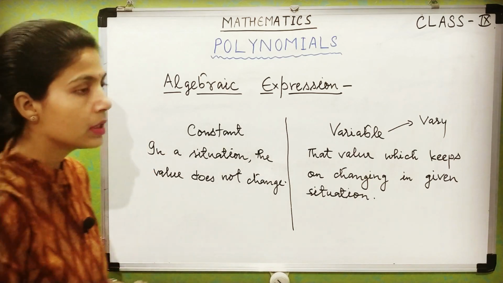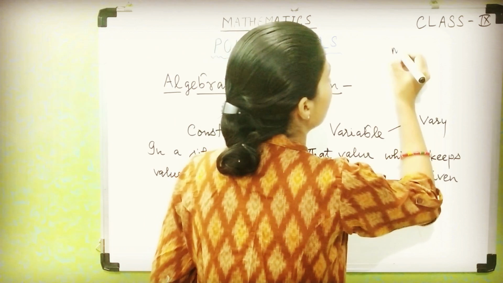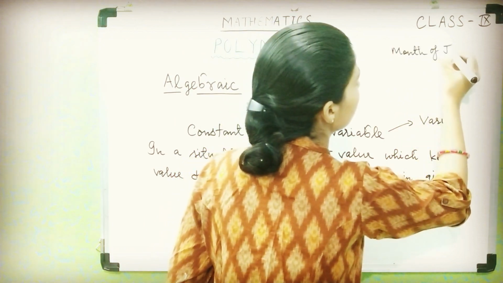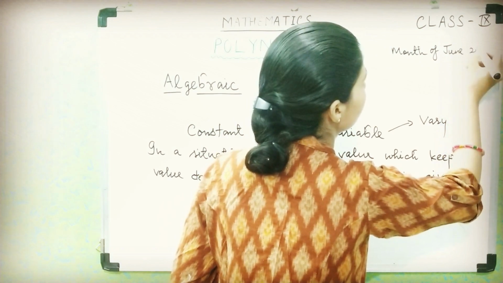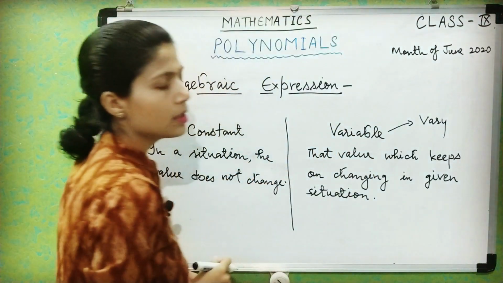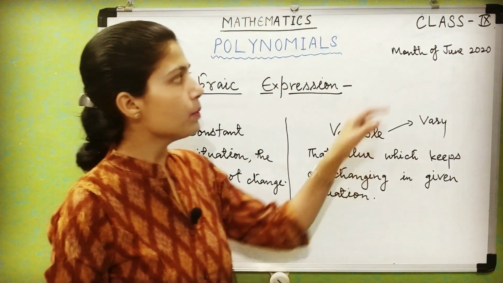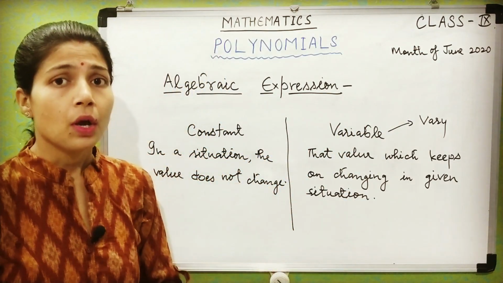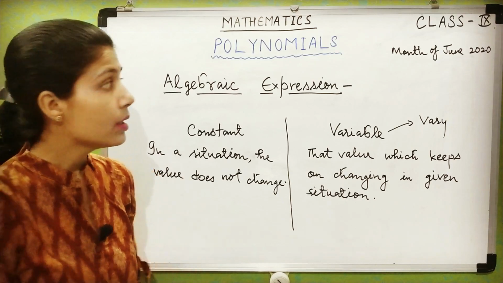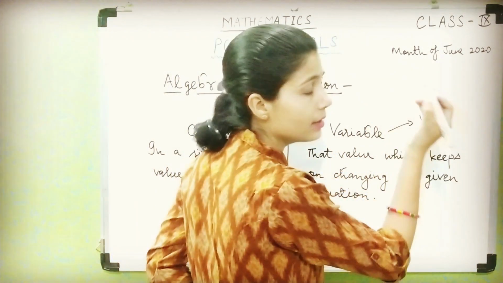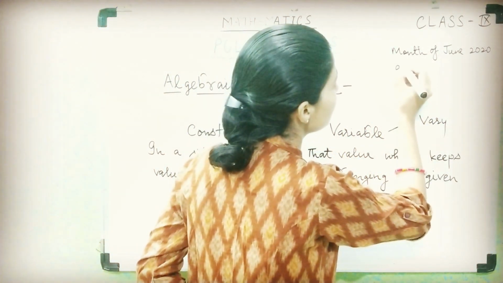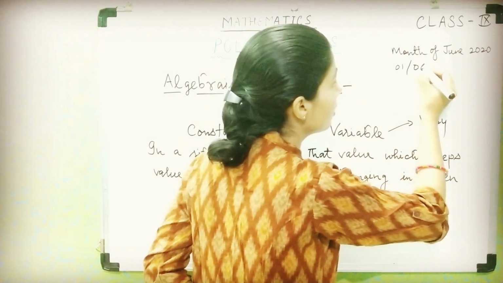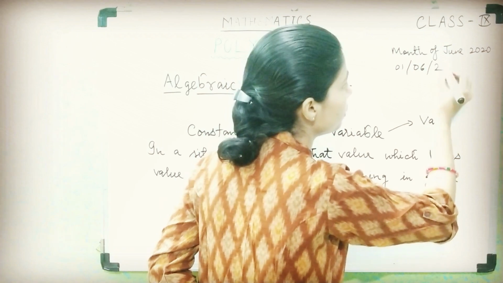Let's take the month of June 2020. This is the situation you have been given. We have to consider the month of June 2020. So what are the dates? It starts from the first day, so we write it as 01/06, June is the 6th month, and the year is 2020.